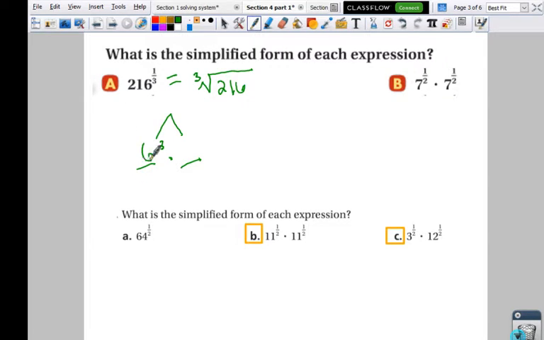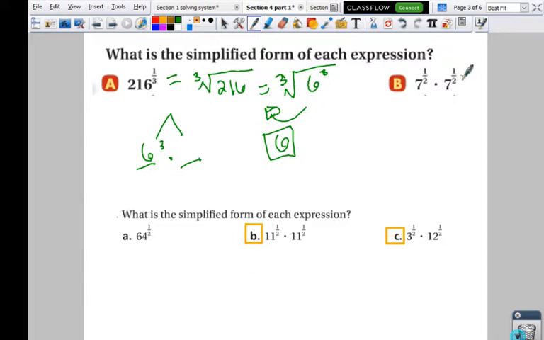So 6 to the 3rd actually equals 216. So I can replace this with the cube root of 6 to the 3rd. And what does my index of 3 do to my exponent of 3? Cancels out, right? And it kicks the 6 out. And is there anything left in my radical? Zero. So I just leave it like that.